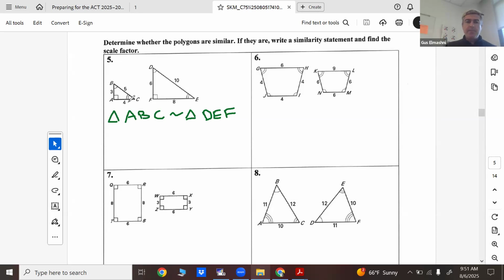And how do I know that? Because here's the thing. AB to DF, doesn't that equal 3 to 6? And what's 3 to 6 reduced to? 1/2. Correct. AC to FE.